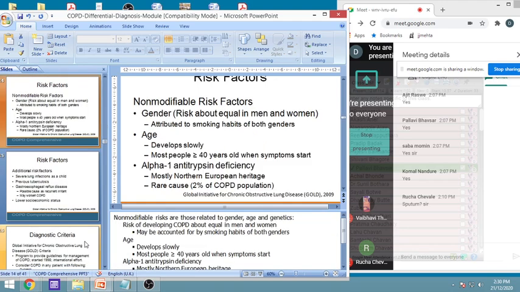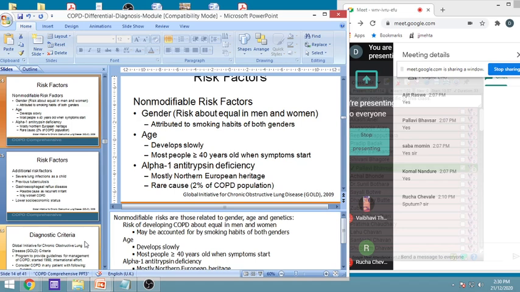Then there are non-modifiable risk factors like gender, which is attributed to the smoking habits of both genders. The risk is almost equal in men and women. Those who smoke more have more chances. Age: COPD develops slowly, and most people are more than 40 years old when the symptoms start.